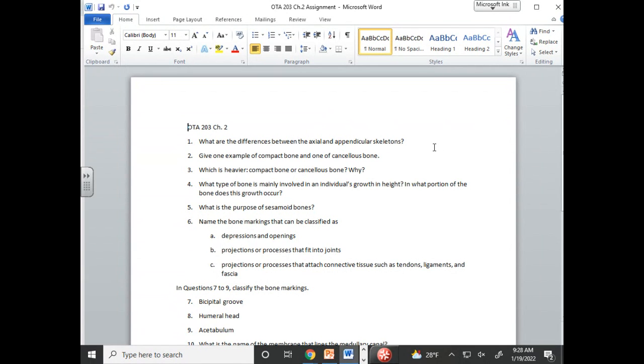Okay, so number 4, what type of bone is mainly involved in an individual's growth in height? Long bones, right. And where does this growth occur? What portion of the bone does that growth occur? Isn't it the epiphysis? Epiphysis, right.